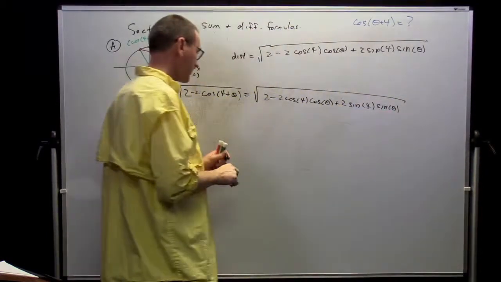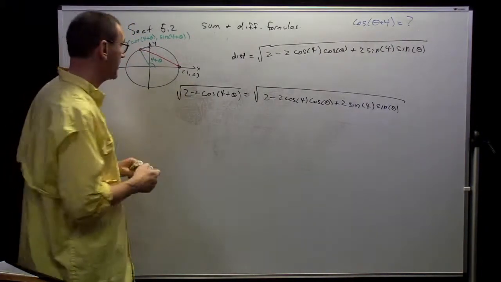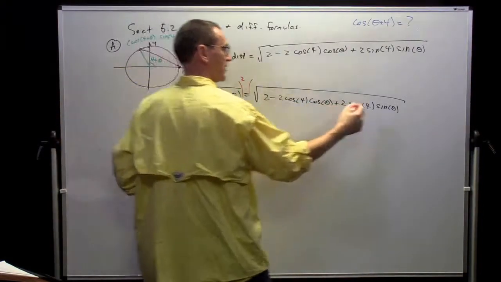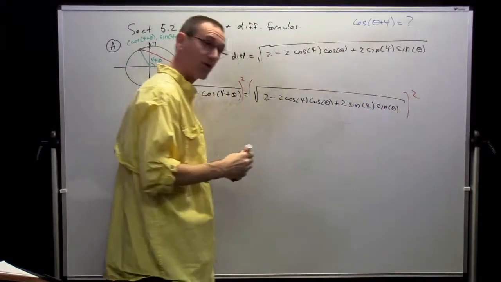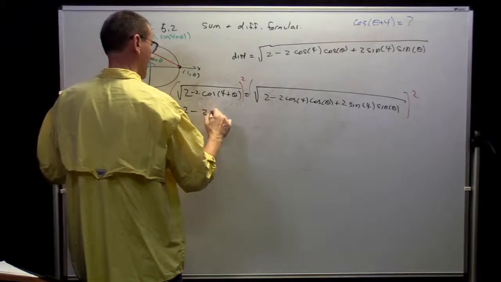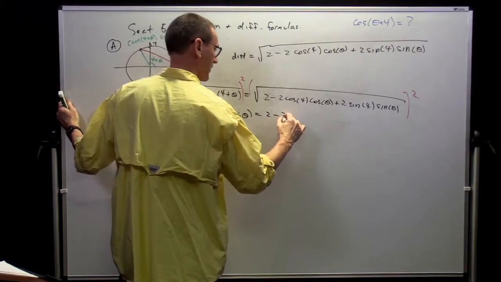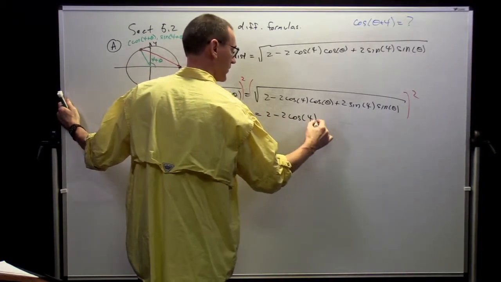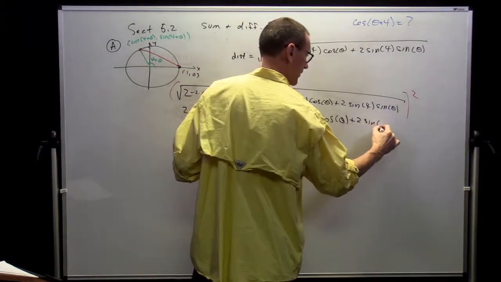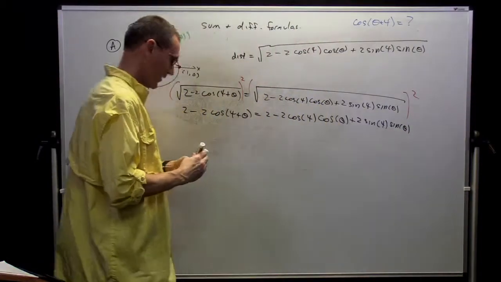Okay. So let's see. The first thing I notice is I've got square roots. I don't like that. And I know both sides are positive, so I can just square both sides without too much concern. So then I get 2 minus 2 cosine psi plus theta equals this whole big mess, like so.